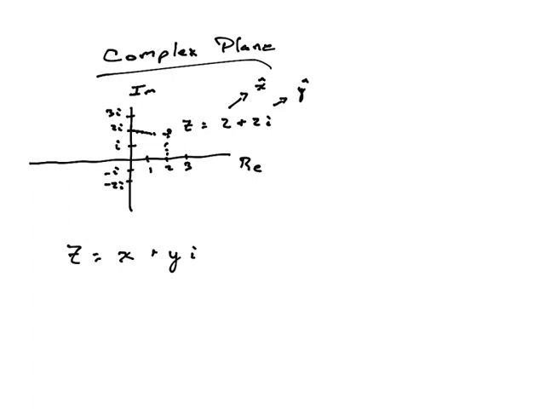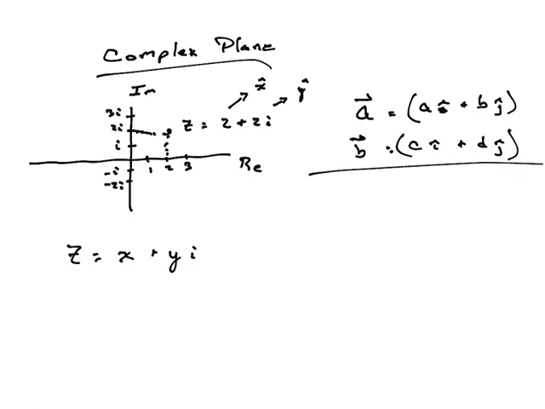In fact, that's definitely true of vectors. If you try to add two vectors together, you need to know how to do it. And if you remember, if we have vector A, let's say A in the x direction, A i hat, plus B in the y direction, and vector B is some number in the x direction and some other number in the y direction, and I want to add these two vectors together, the way you do it is you add the x's with the x's, so A plus C in the i direction.